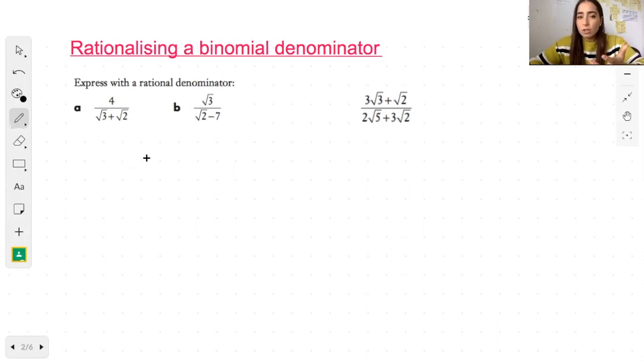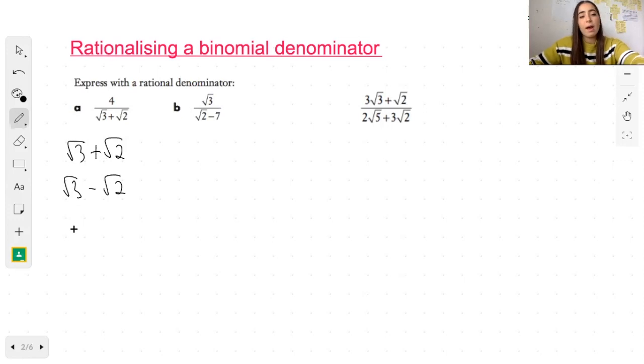So with the conjugate, I guess the easiest way to define it is it's the expression that is opposite in sign to this expression. So if this expression is root 3 plus root 2, then the conjugate of this would be root 3 minus root 2. So all you do is you swap the signs. I'll give you another example.